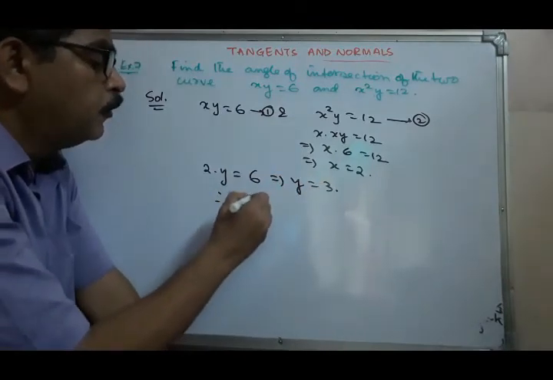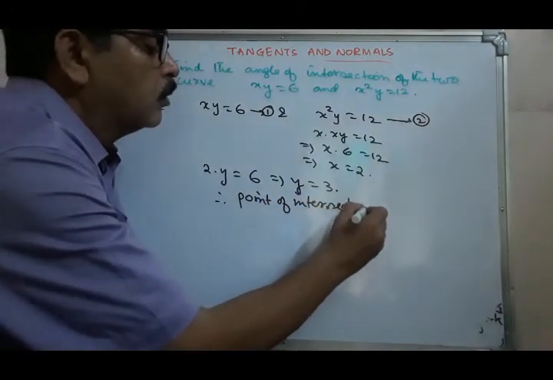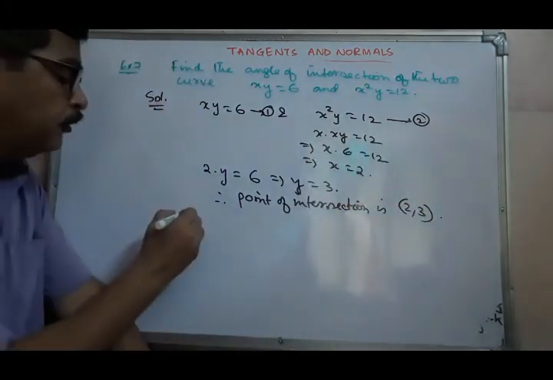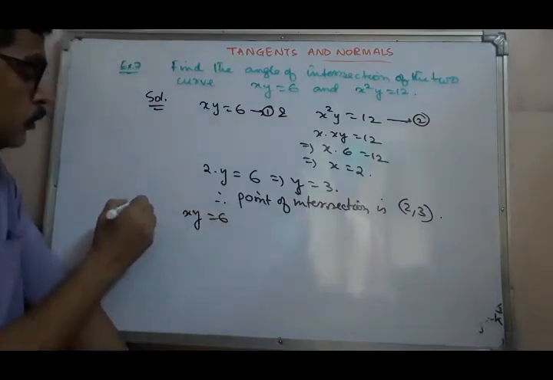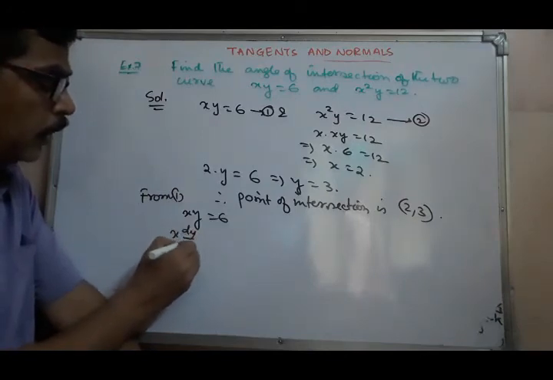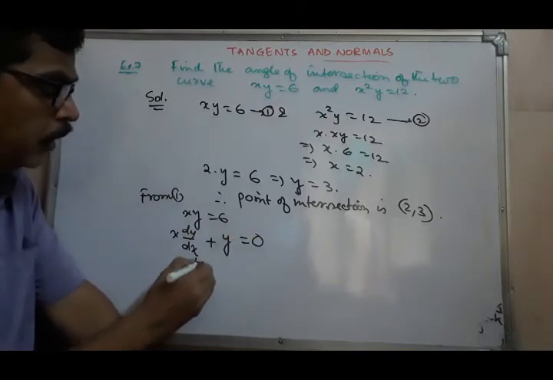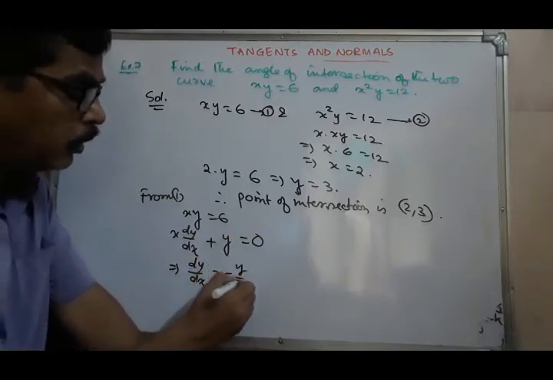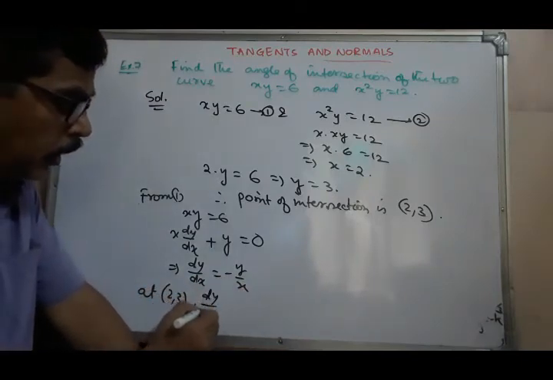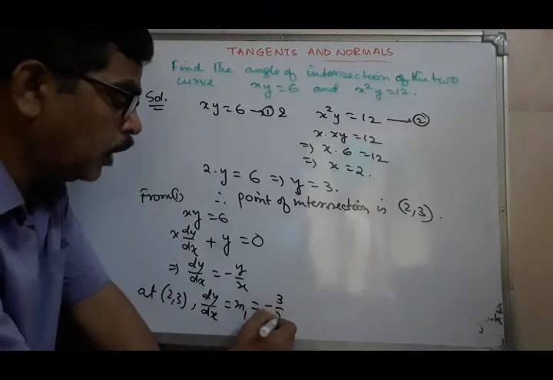Therefore point of intersection is 2, 3. From curve 1, xy equal to 6, differentiating, x dy by dx plus y equal to 0. So dy by dx is minus y by x, at 2, 3, dy by dx equal to m1 equal to minus 3 by 2.